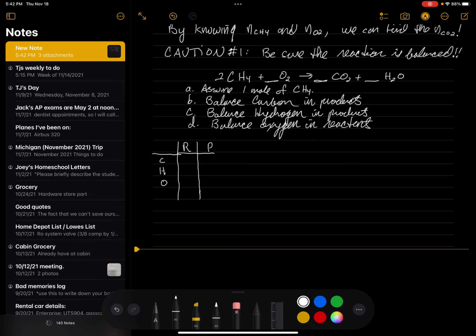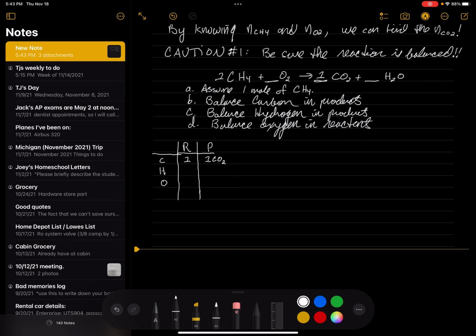So in the reactants, when I have 1 mole of methane, I have 1 mole of carbon in the reactants. And then because I have 1 mole of carbon atom per mole of carbon dioxide molecule, that means that I'm going to have 1 mole of CO2 in my products. So my molar coefficient in my products is equal to 1.